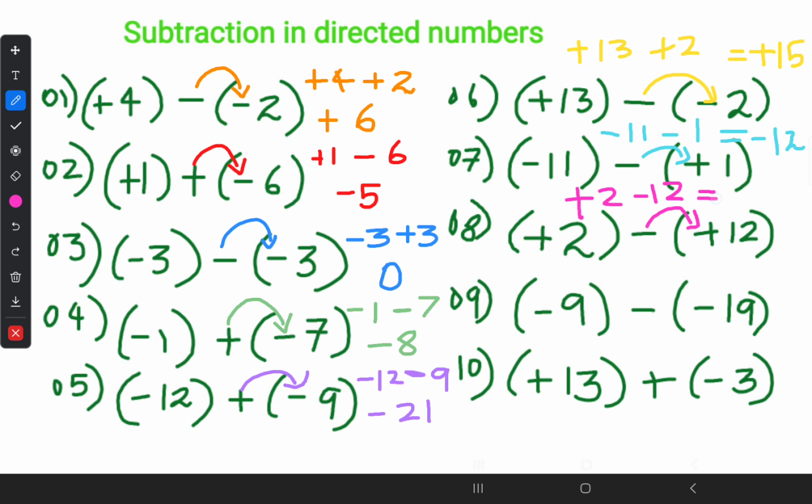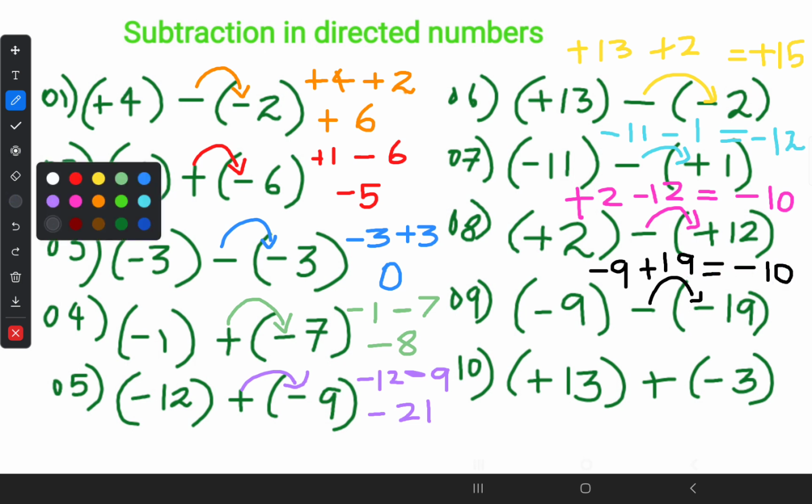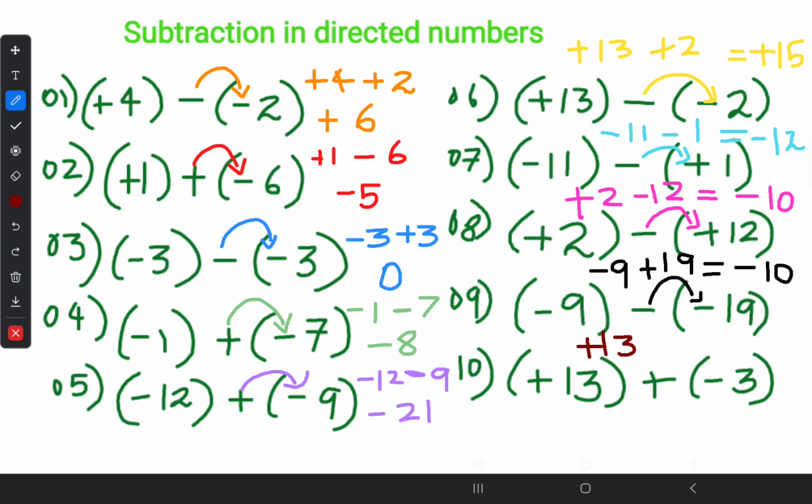It would be negative 10. The ninth one, negative 9, it's positive 1, it would be negative 10 again. Last one, positive 13, negative 3. It would be positive 10. Okay, these are the answers.